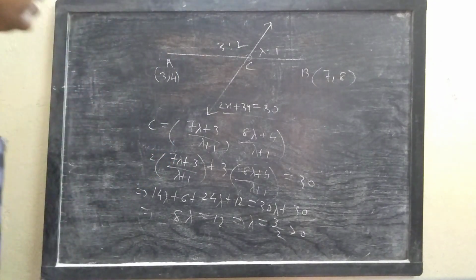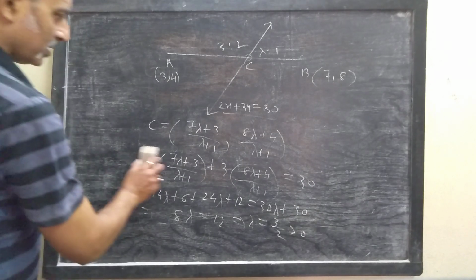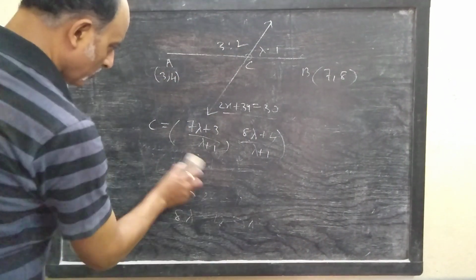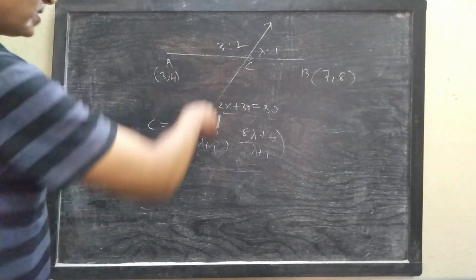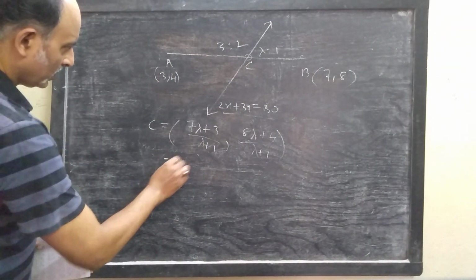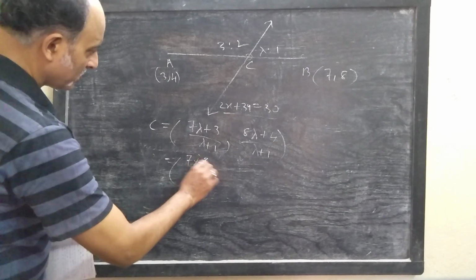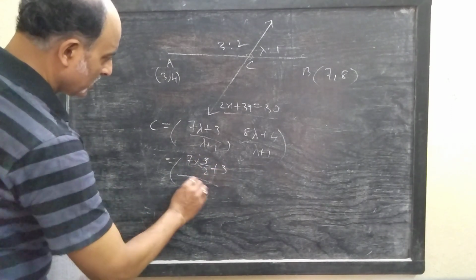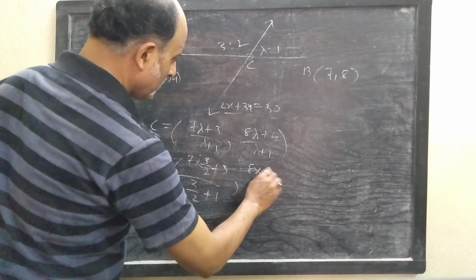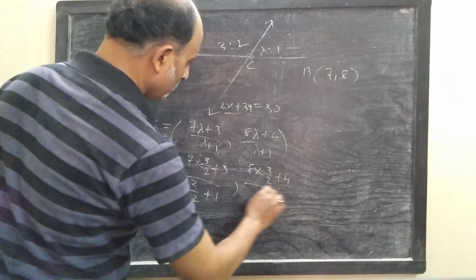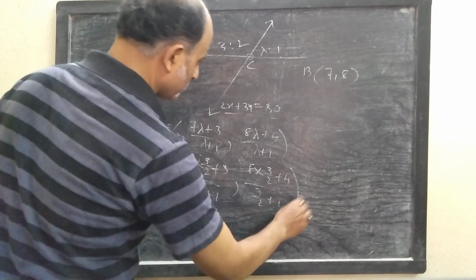Next, you have to find the coordinates of the point of division. For this, we have to substitute the value of lambda, 3 by 2, here. You get (7 into 3 by 2 plus 3) by (3 by 2 plus 1), comma, (8 into 3 by 2 plus 4) by (3 by 2 plus 1).